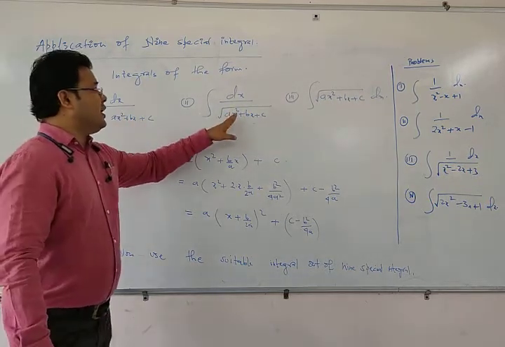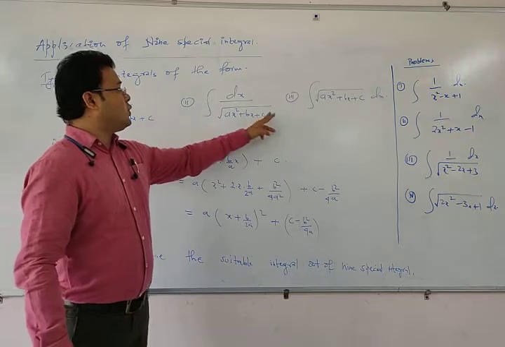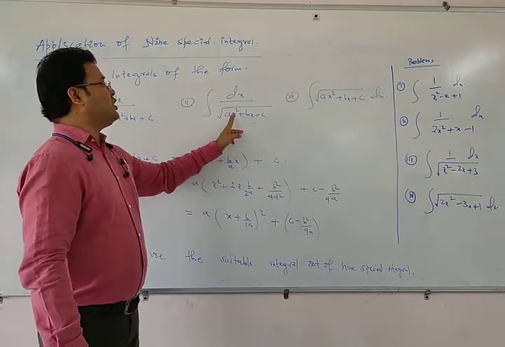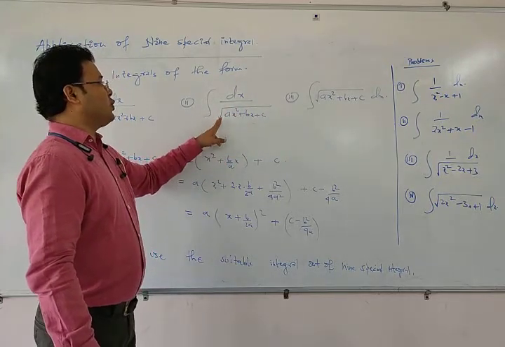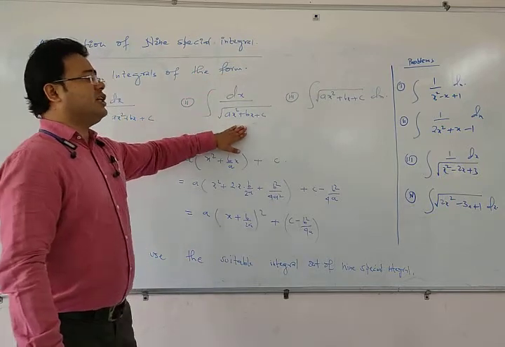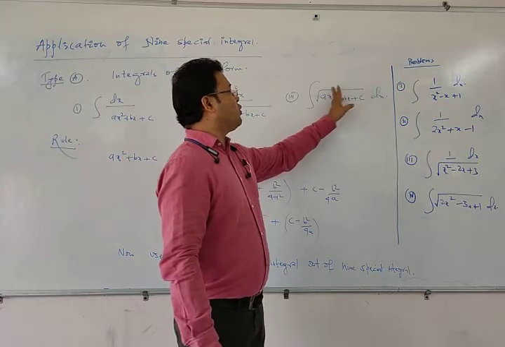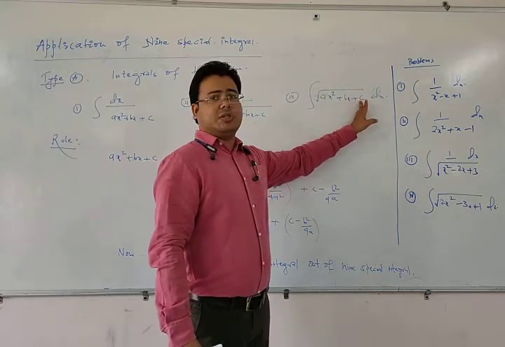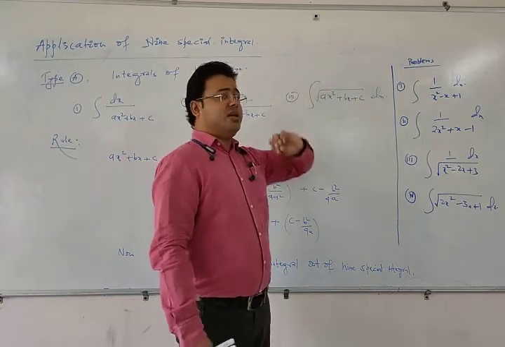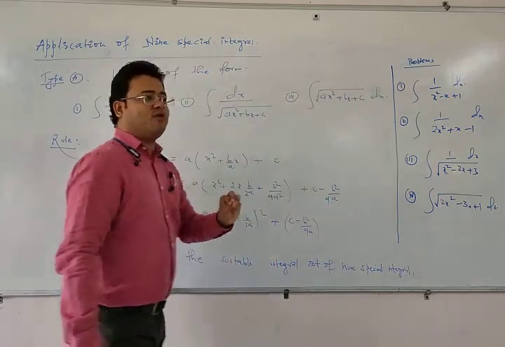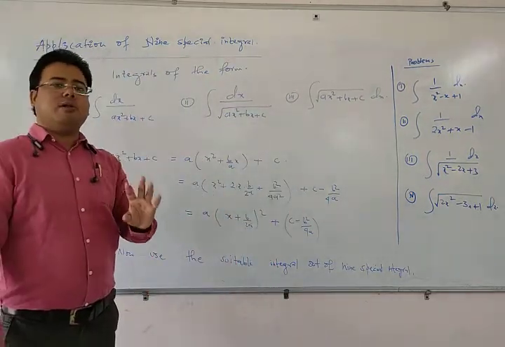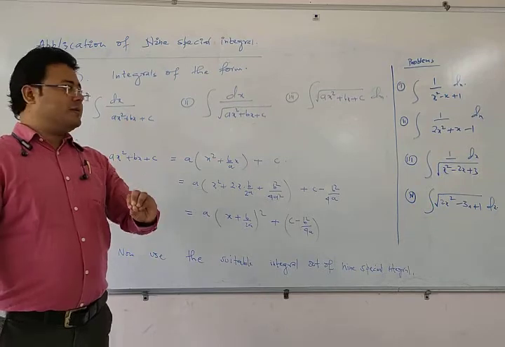In number 2, this is also a quadratic expression, written under a positive square root in the denominator. And here, this is the positive square root of the quadratic expression, written in the numerator. So these types of functions are involved in the integral.